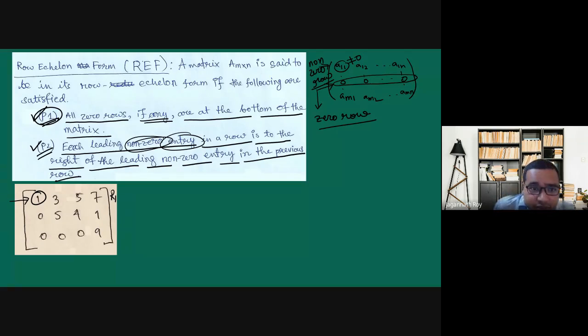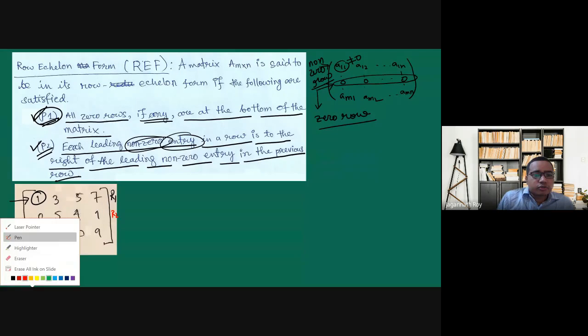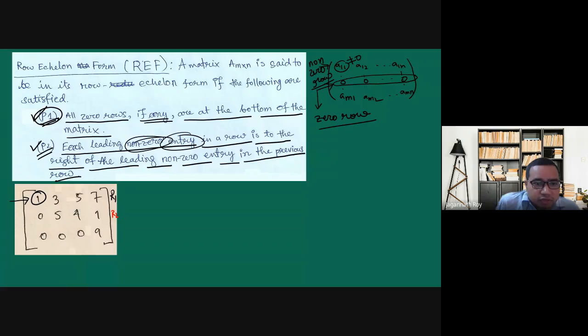In the next row, row 2, we have to check whether the leading entry is to the right or left. The 5 is to the right of the previous pivot. This is the leading non-zero entry of the row, sometimes called the pivot. Now this is our 5.